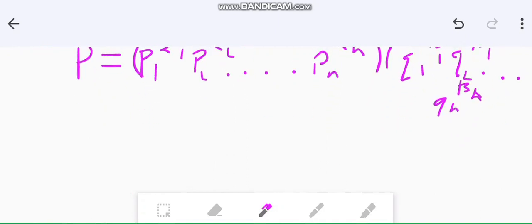And another thing, if the number p is divisible by any number except plus minus 1 and plus minus p, then it is said to be a composite number.